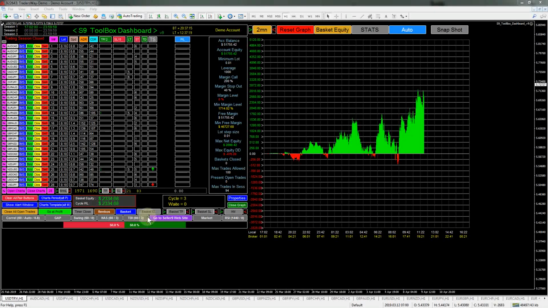As you can see here, it took 104 trades altogether. This is using the add-ons. Maximum add-on was set to 5. So as you can see, some made it to 6, which is the original trade plus 5 add-ons. So this one made it all the way up to 6 trades. Some were a little less, of course, depending on when you turn it off.